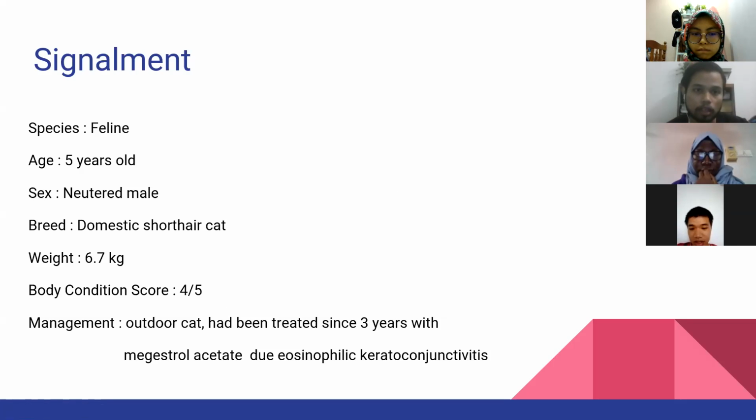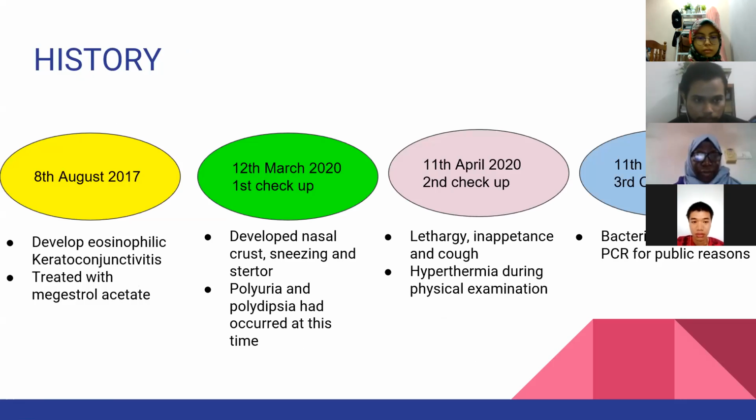As we know, older animals are prone to more diseases than younger animals. So we have to see the history of this cat and the clinical signs it develops in order to diagnose the disease. That makes sense. Plus, for the management, when the cat is outdoor, it's exposed to other agents like we mentioned before, the viral and bacterial.